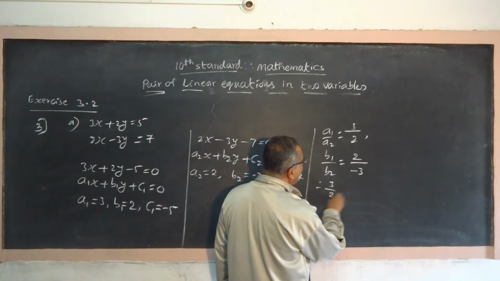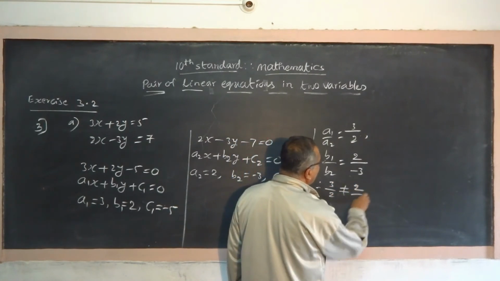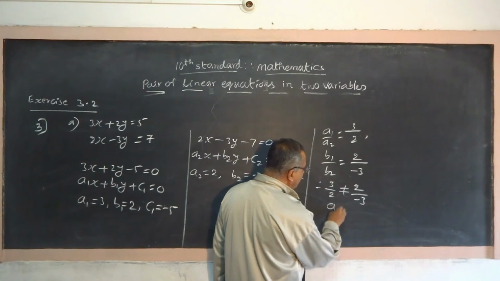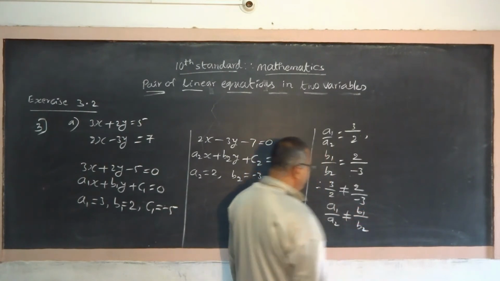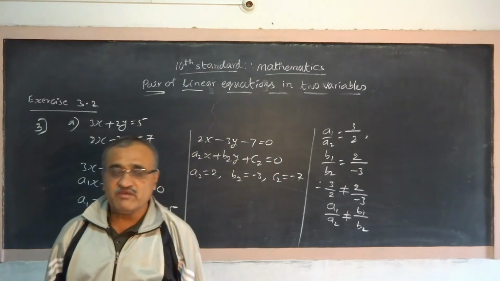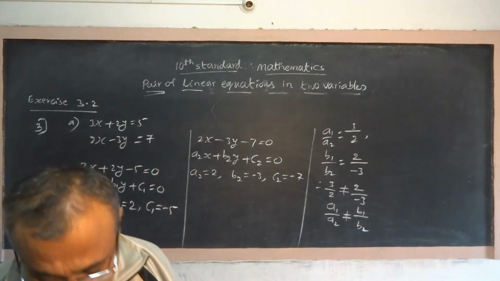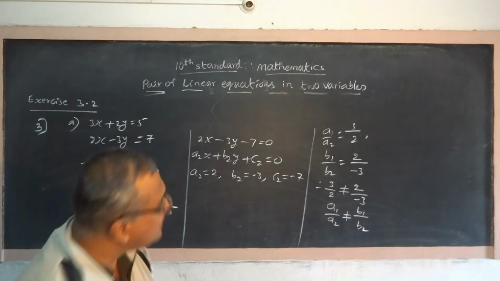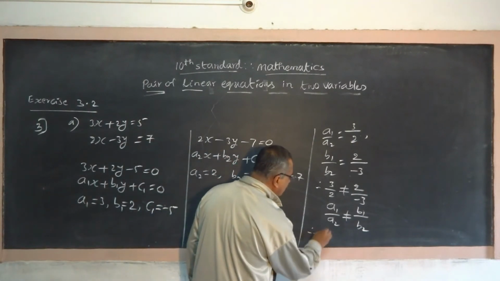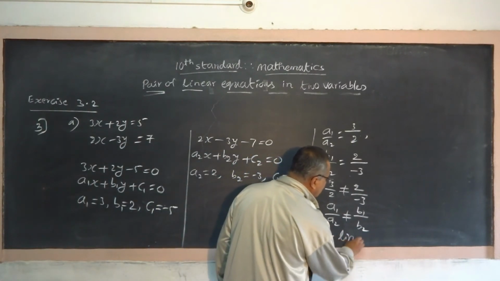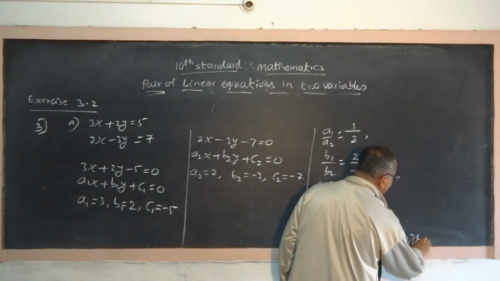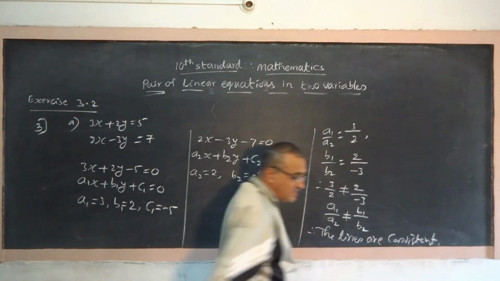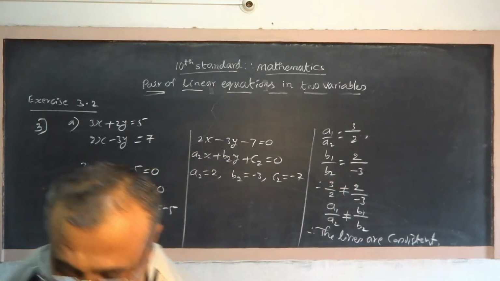Therefore 3 by 2 is not equal to 2 by minus 3, so a1 by a2 is not equal to b1 by b2. If a1 by a2 is not equal to b1 by b2, then the lines are consistent.